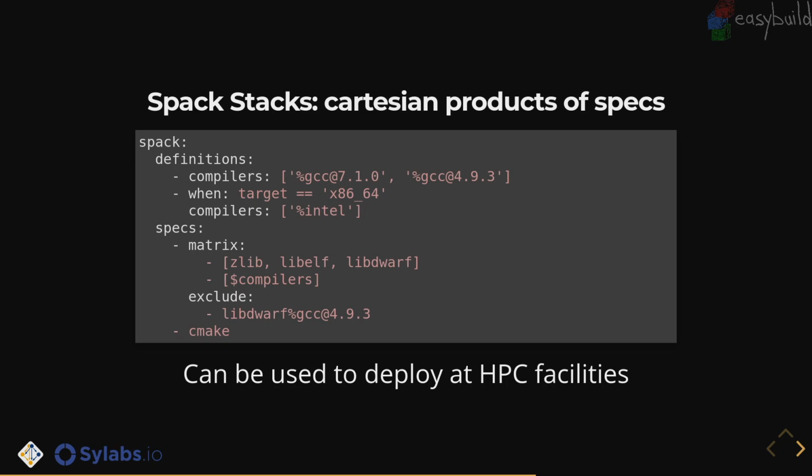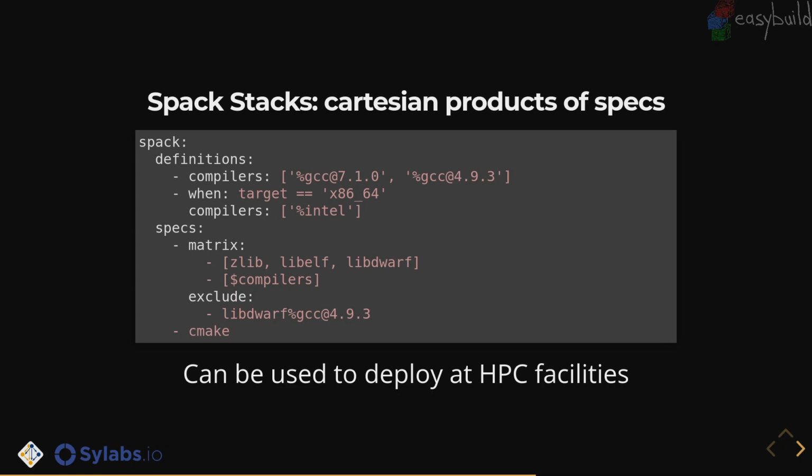And here I build a matrix out of two lines, basically saying to do a Cartesian product of this software here with this compiler there. And you can have more than one matrix, and there are ways to exclude part of the Cartesian product.